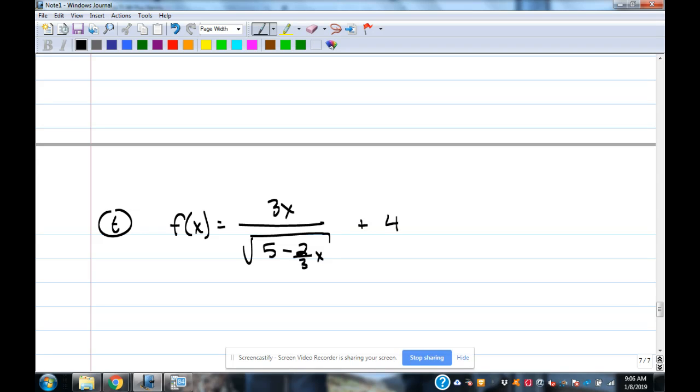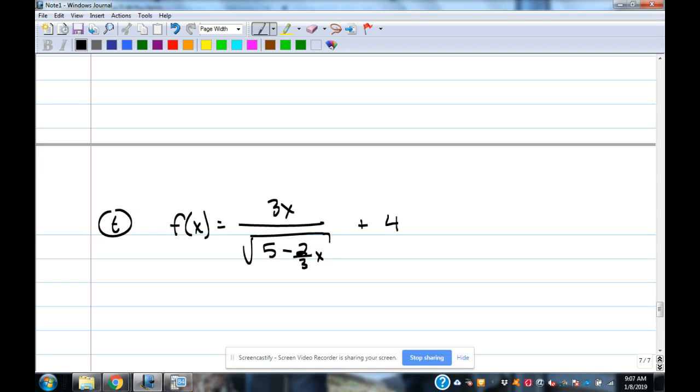Oh my goodness. What part affects the domain? The denominator, because it has what in it? An x. And it's got a what else? Oh man. It's a double red flag, isn't it?